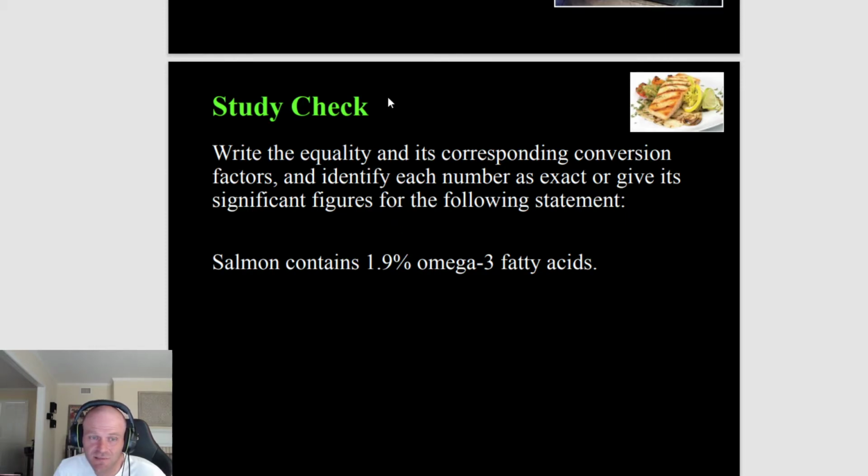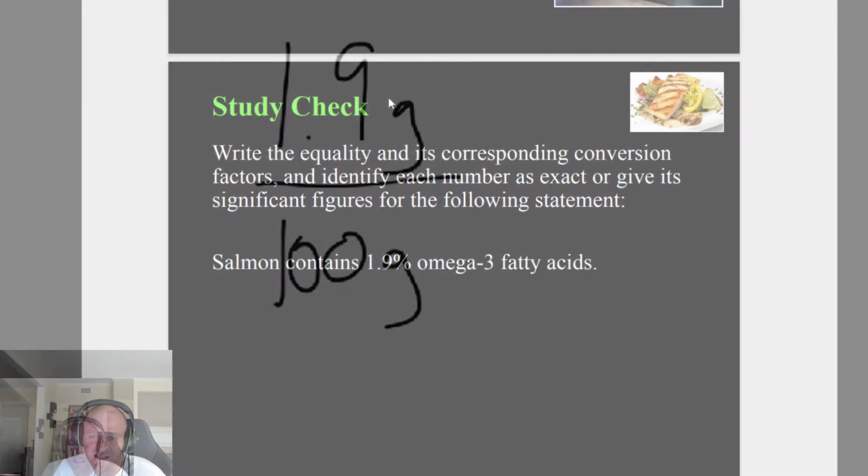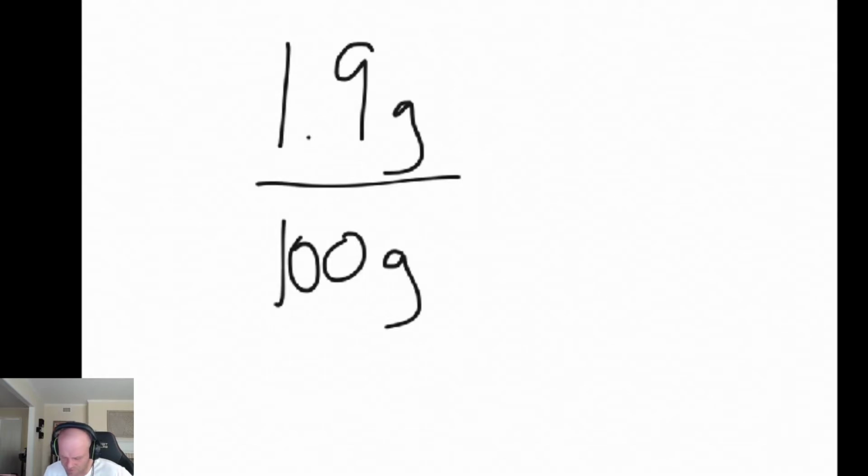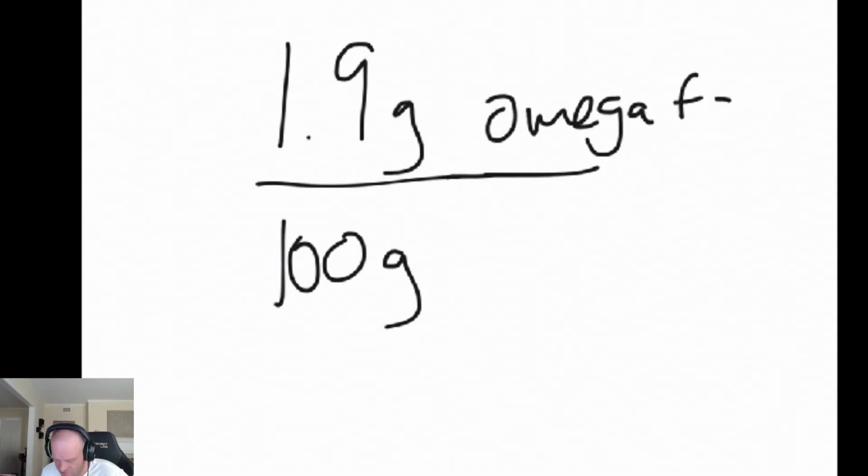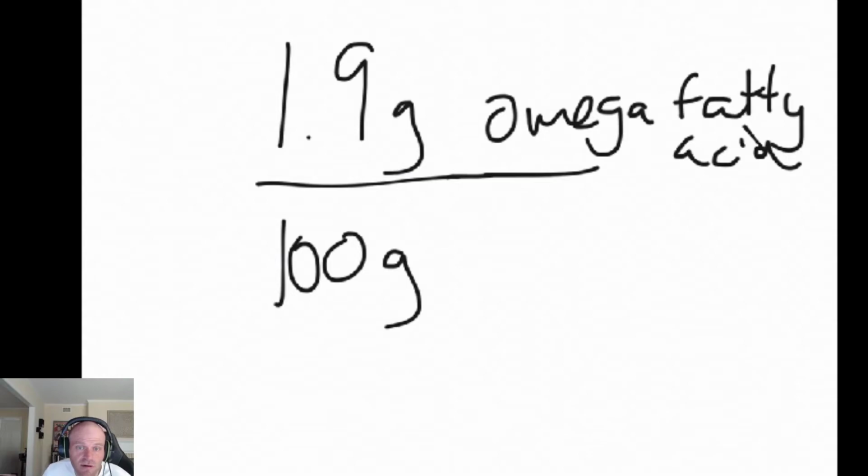It doesn't say by mass or by anything. I know they're talking about mass, but I'm not very happy about the way that's worded. So I just say 1.9 grams over 100 grams, and this is 1.9 grams omega fatty acids over, I don't know, over what?